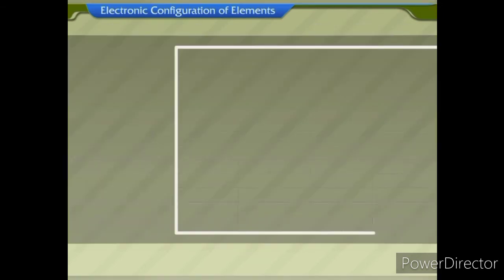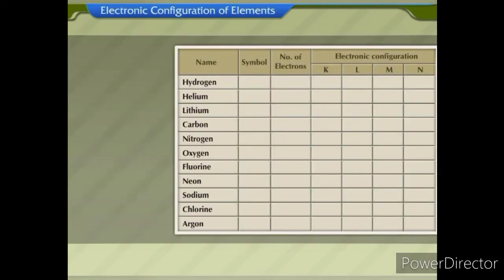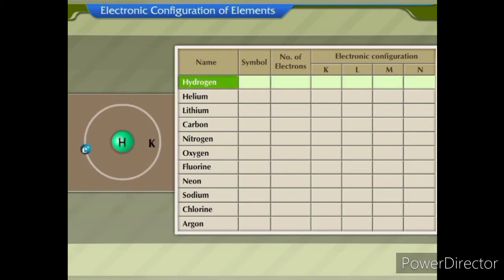Let us study the electronic configuration of some elements. We shall start with hydrogen. The symbol of hydrogen is H. The number of electrons is 1. Therefore, the electronic configuration is also 1.